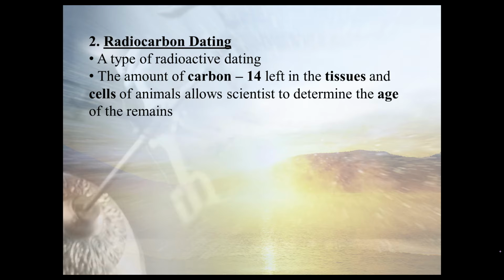If we dug up a fossil, we could take the bone or tissue cells and figure out what percentage of a certain element is inside this bone. And based on those percentages of the element, we can again ask ourselves, well, how many half-lives have passed? And then we can figure out what the age of the actual fossil or the animal was.